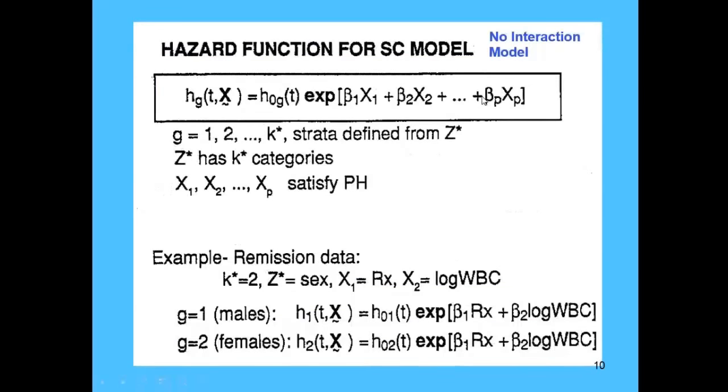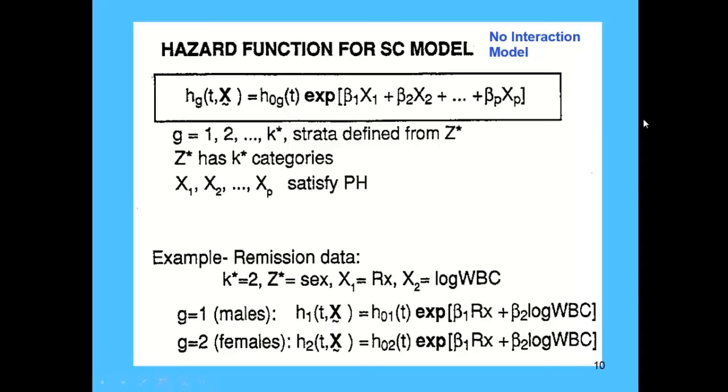Now, what does the model look like? Now we're getting a little more specific. What does the stratified Cox model look like? Well, the model I'm showing you up here is an example of the stratified Cox model, but it's the no interaction version of that model. Now, look at this formula.